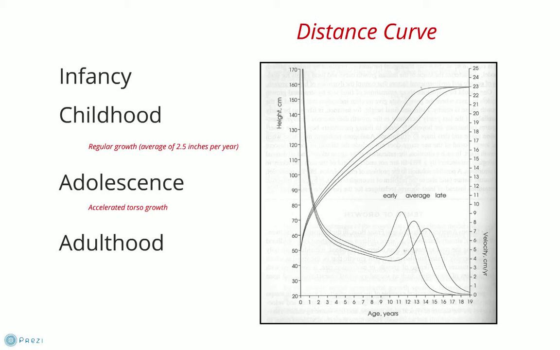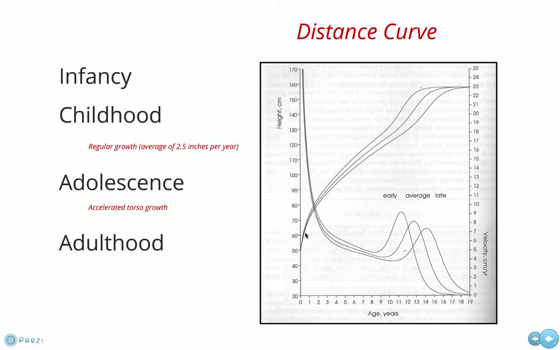The legs tend to grow at the same rate, but the torso grows at a much more accelerated rate. And then after the adolescent growth spurt, typically you don't see any gains in height, and that's typically what marks the progression into adulthood.